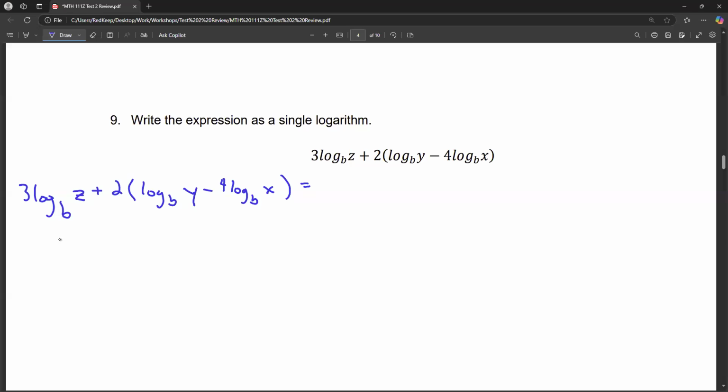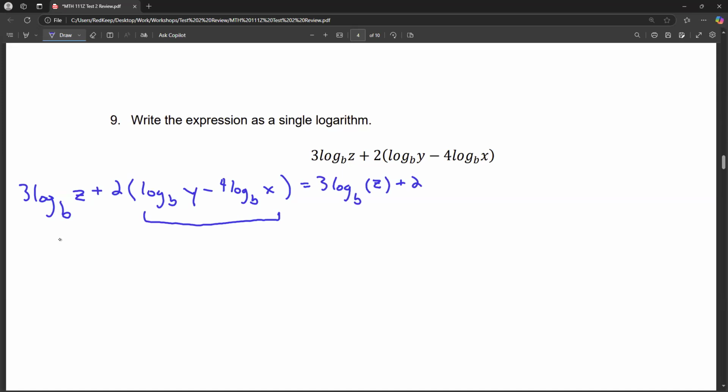So I'll probably do the thing inside the parentheses first, right? So let me copy back down this log base b of z. And so plus 2. Okay, so inside the parentheses, this log base b of y minus 4 times log base b of x.